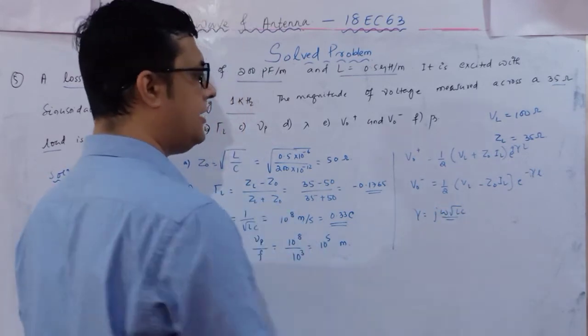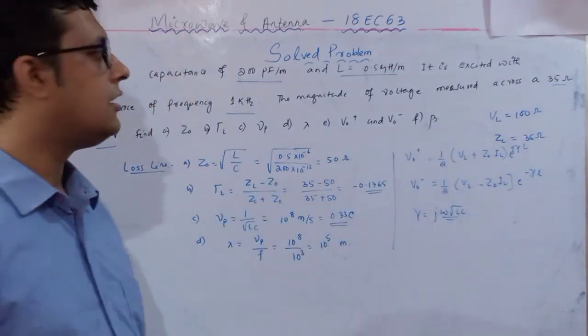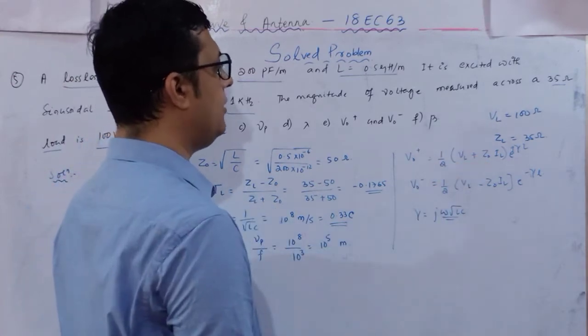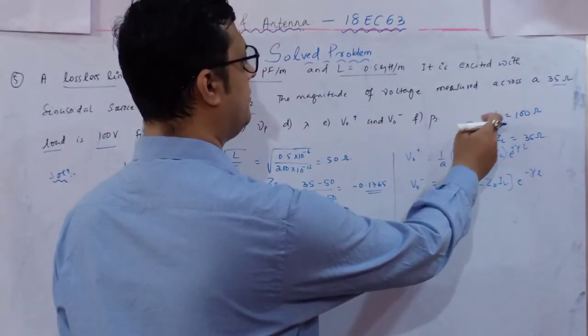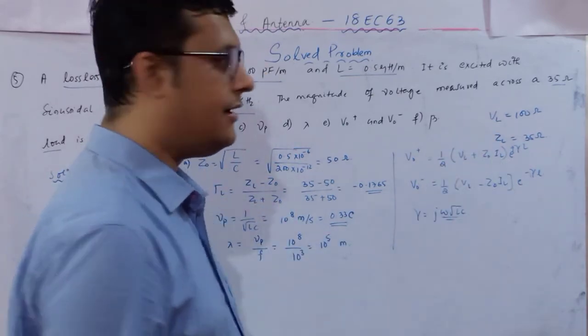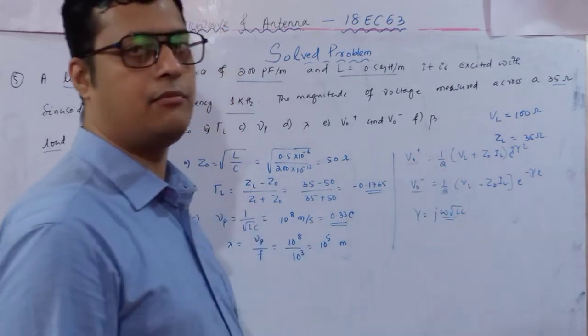Calculate this value, substitute in this. VL is known, Z0 is known, and IL you can also determine, that is the load current. IL is equal to VL by ZL. You can substitute in that, and you can easily determine the incident and the reflected potential.